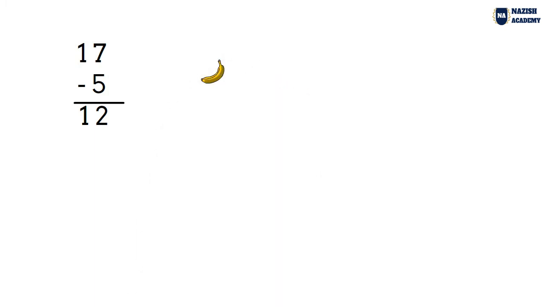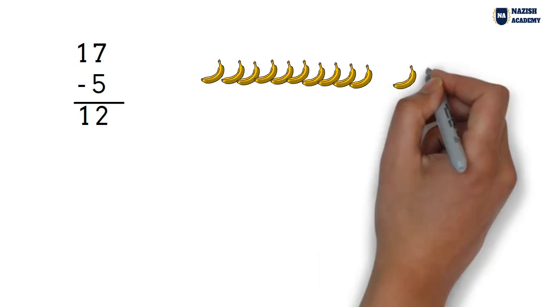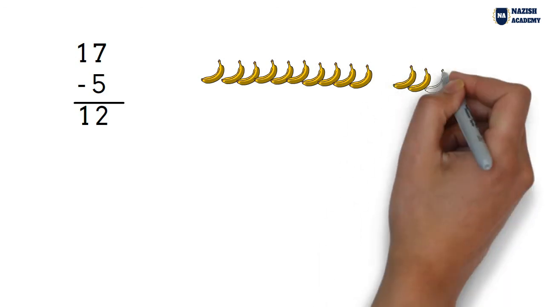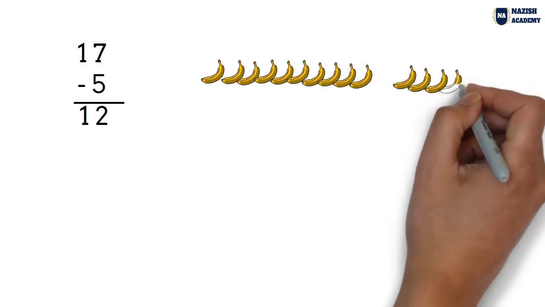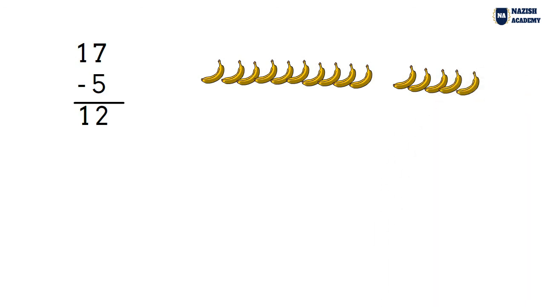1 banana, 2 bananas, 3 bananas, 4 bananas, 5 bananas, 6 bananas, 7 bananas, 8 bananas, 9 and 10 bananas, and 7 more bananas. 1, 2, 3, 4, 5, 6, 7 bananas. 10 plus 7 is equal to 17.